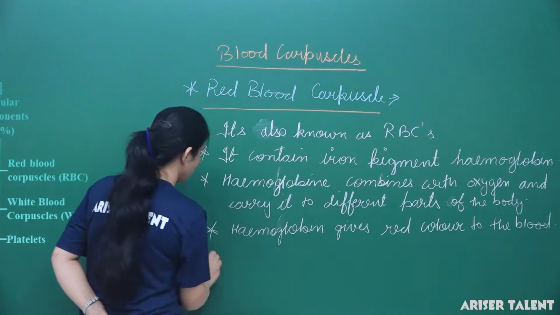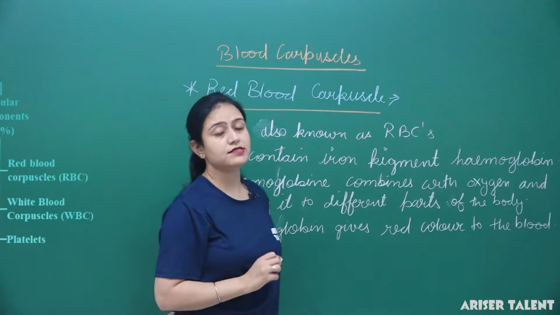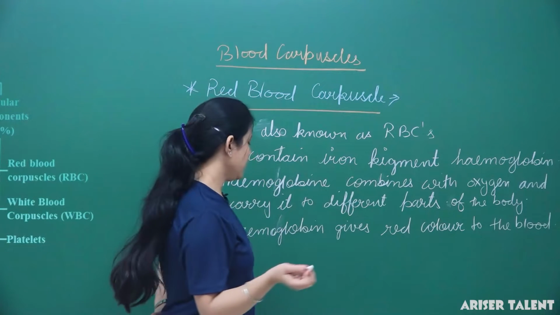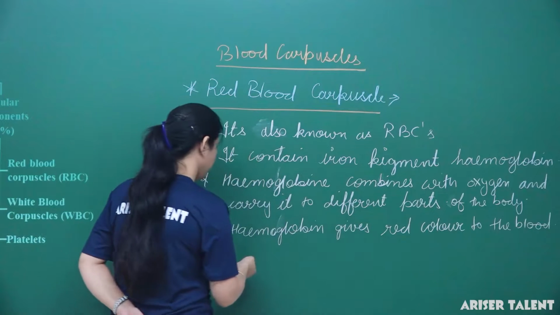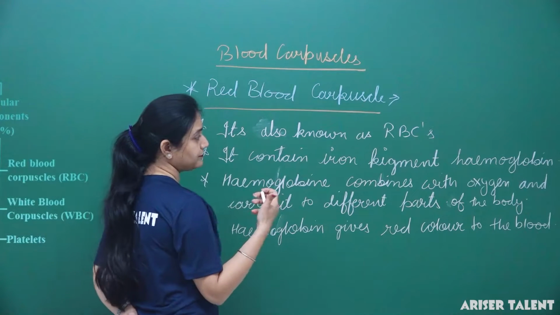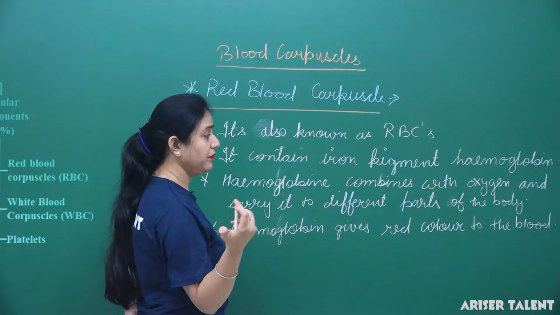If we talk about their structure, generally RBCs are enucleated cells. The presence of hemoglobin in the blood makes it red.